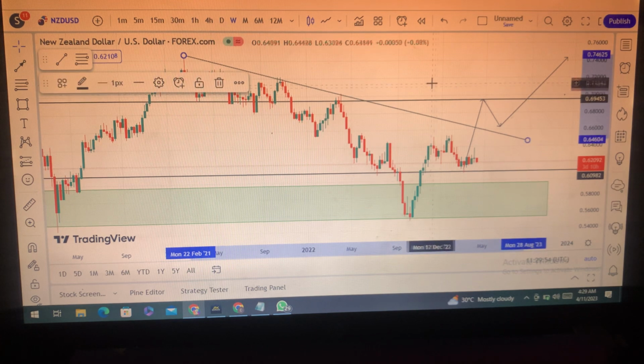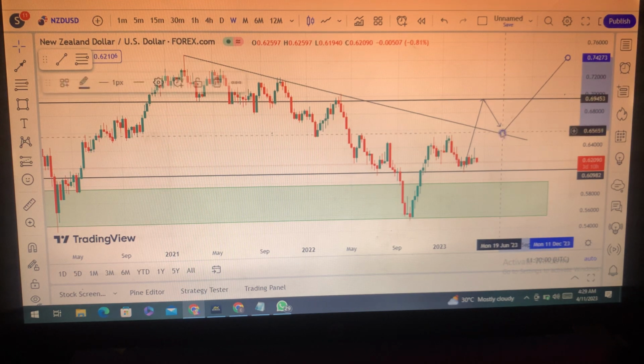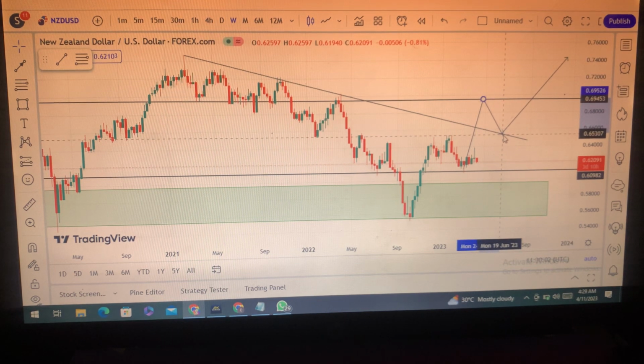This is what I expect, so I'll wait. When it breaks and comes back to touch the trend line, that is when I'll enter.